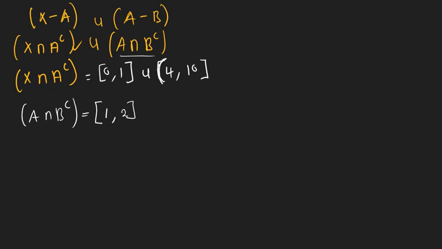Then you ask yourself, you unite this set to this set. Here you have a 0, here you have a 1, there's a 1 there. Union, here you have a 2, there you have a 4. So if you unite everything, you're going to get this set from 0 up to 1.